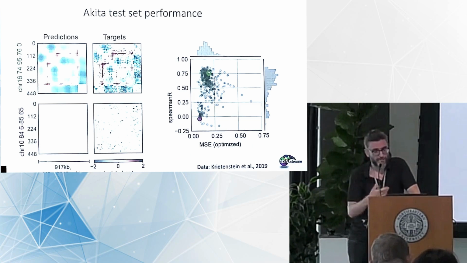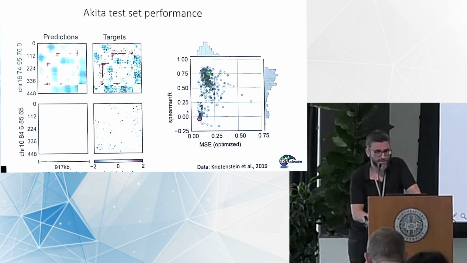We quantified our performance. So in addition to the qualitative performance, we also quantified the performance, and we used two metrics because we wanted to be able to both correctly predict very flat maps as well as very feature-rich maps. So you can see that you can have a good prediction in terms of the MSE, even if there's not much going on.